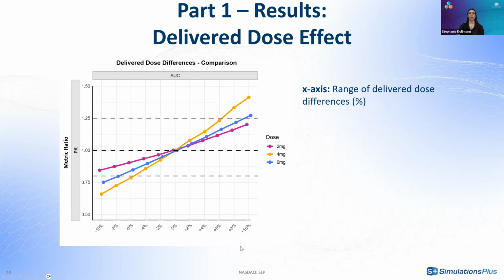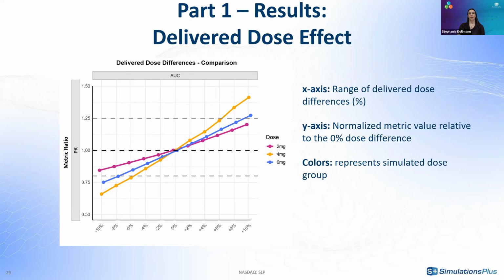On the x-axis, we have the range of delivered dose differences from -10% to +10%. On the y-axis, we see the normalized AUC values, meaning the AUC at each dose difference divided by the AUC at the reference, corresponding to 0% difference.